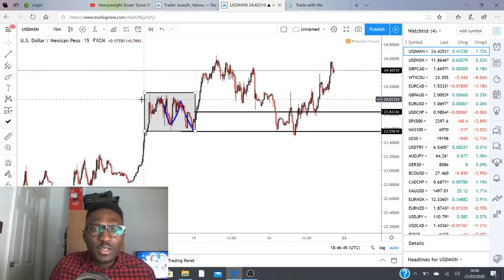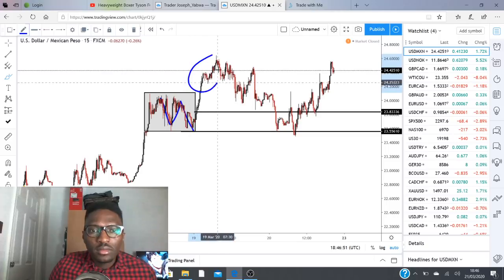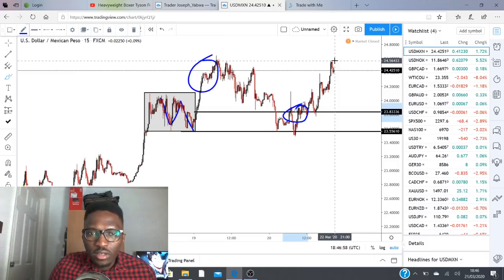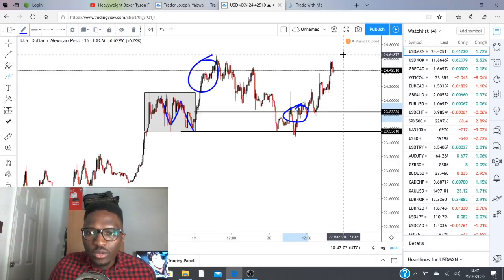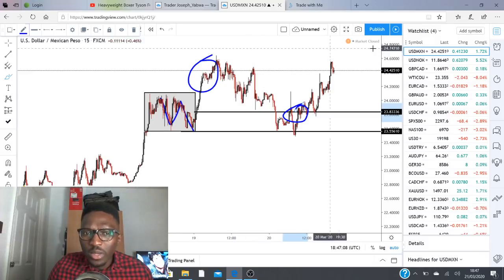If you see the box here, you've got the middle line, you've got the 1 2 3, you've got the trap here. We took the trade somewhere here, and we're currently in profit of about 500 pips. We're just waiting for the market to touch the top here. In about 200 pips more, the market will touch and break the top, so that's where we're going to take our profit.